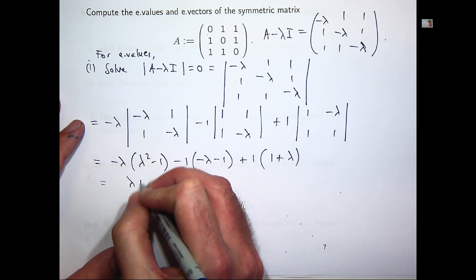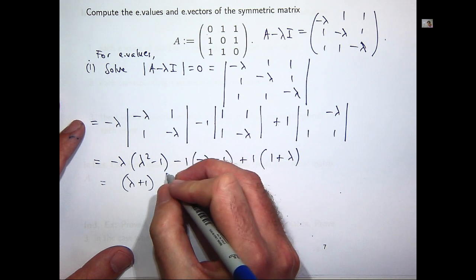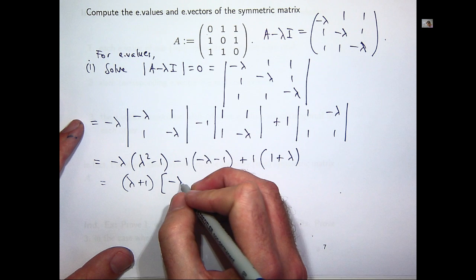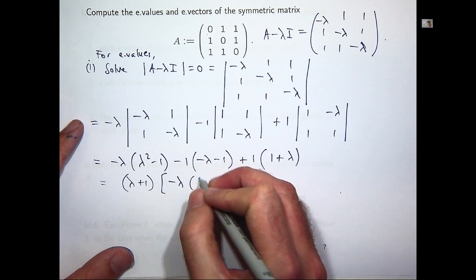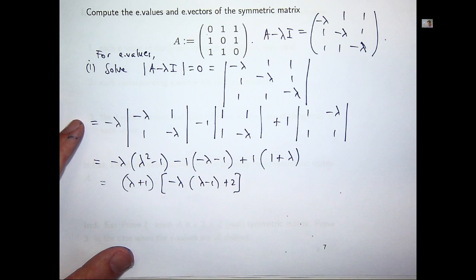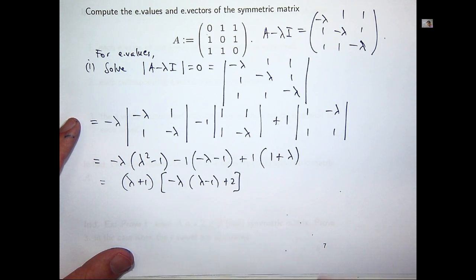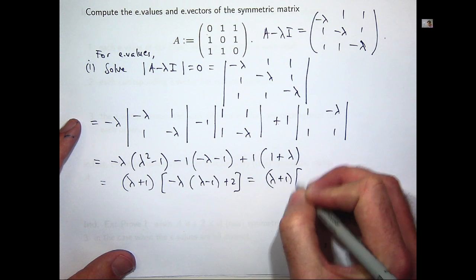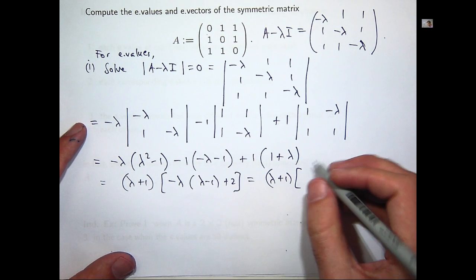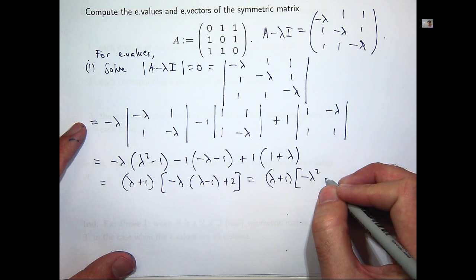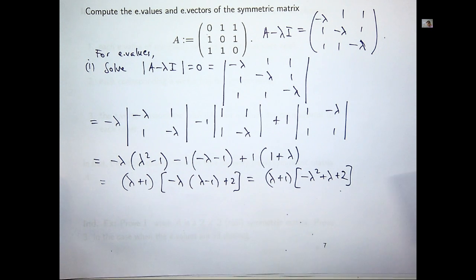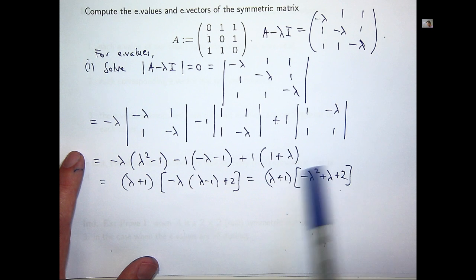So let's take out a common factor of, say, lambda plus 1. Because remember, this is lambda squared minus 1. That's just lambda plus 1 times lambda minus 1. Okay, so I'm just going to clean up what's in this square bracket now. Plus lambda. Okay, so now this is a quadratic inside the square brackets.